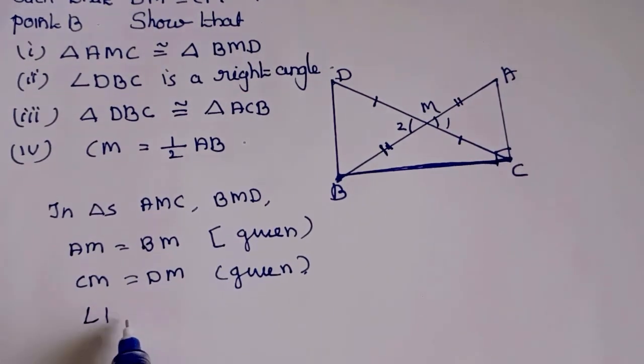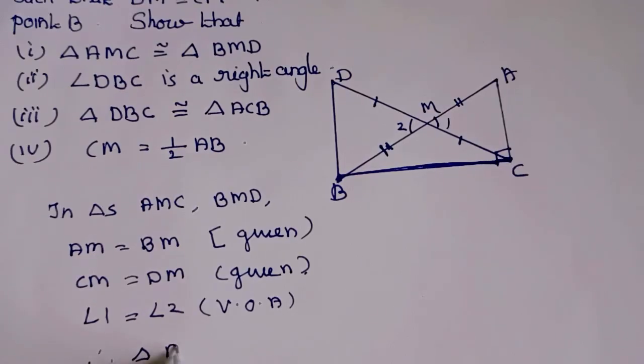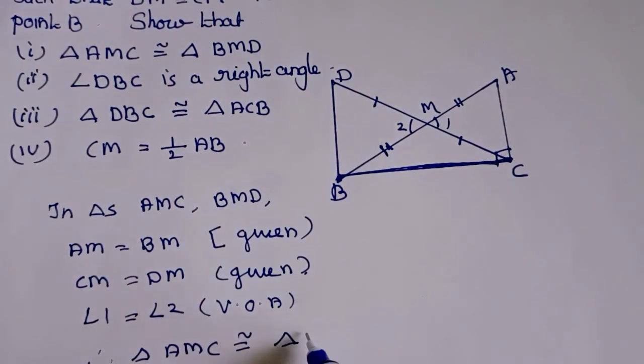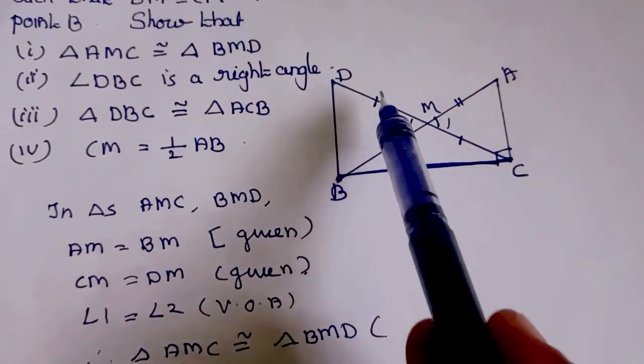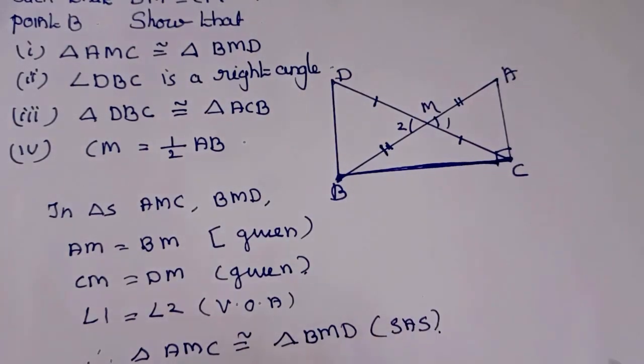Therefore, we get triangle AMC congruent to triangle BMD by SAS congruence, two sides and included angle. First part is over.